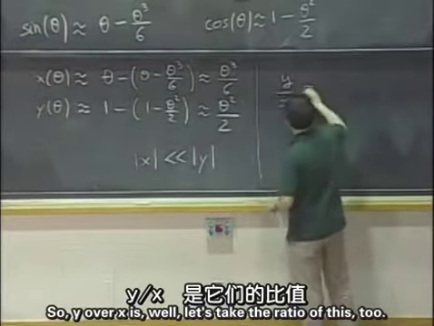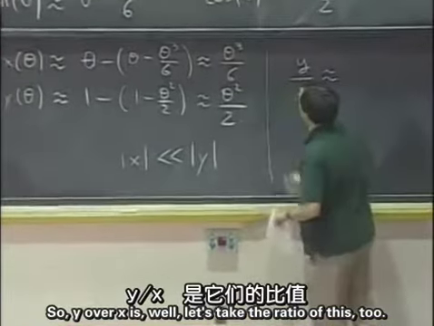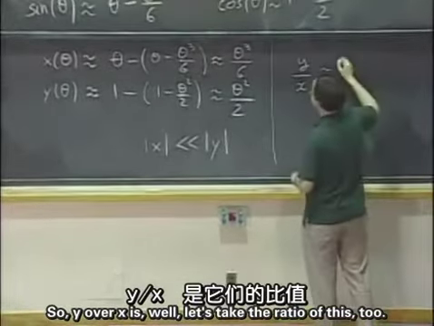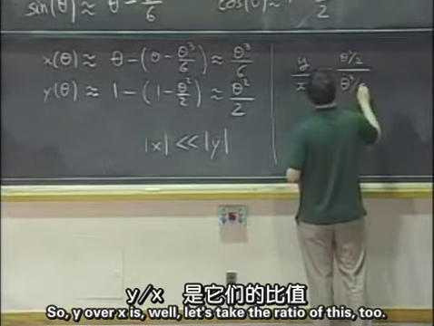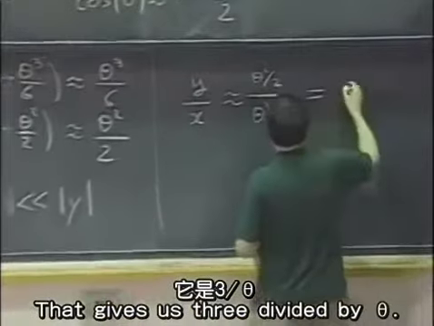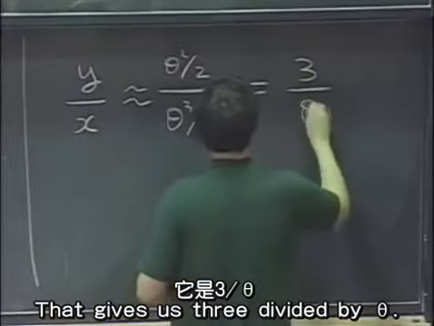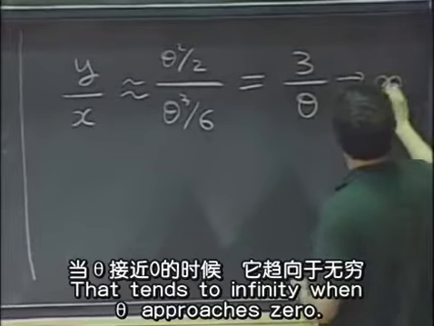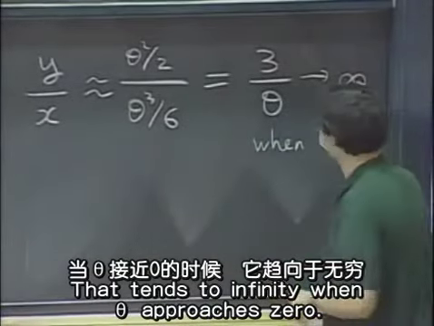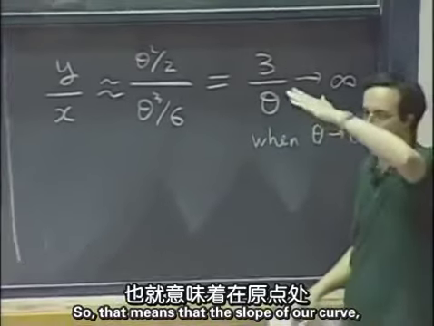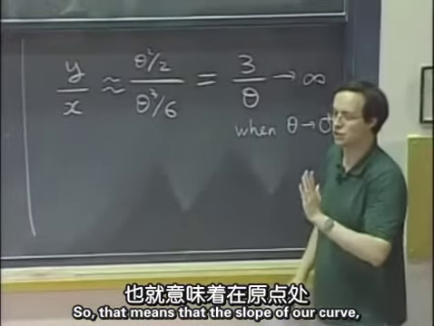So y over x, let's take the ratio of these two. That gives us 3 divided by theta. That tends to infinity when theta approaches 0. So that means that the slope of our curve near the origin is actually infinite.